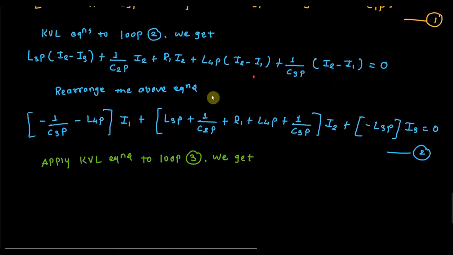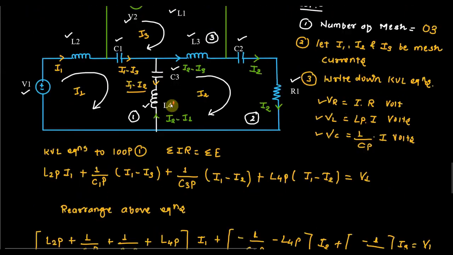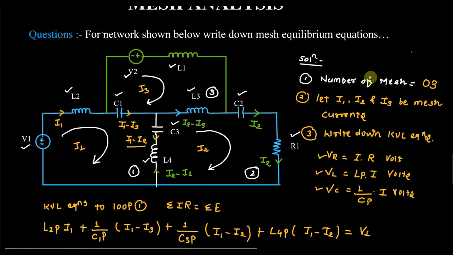Right. So we will see in the loop 3 we have 3 elements. This is L1. What is the current through this L1? L1 is I3. Fine. Now second element is L3. So what will be the current here? The current here is I3 minus I2, because now we are writing for the third loop, so I3 will be greater as compared to I2.